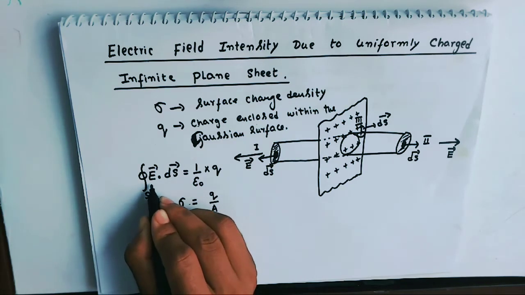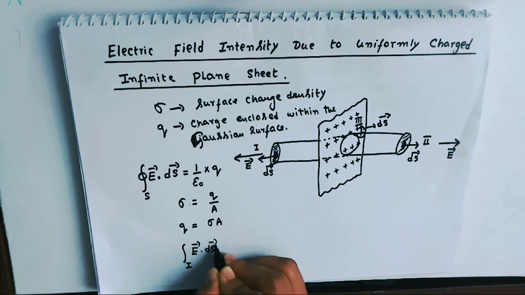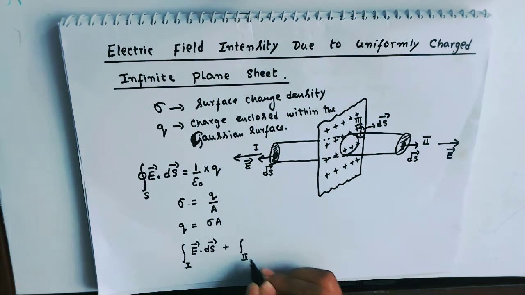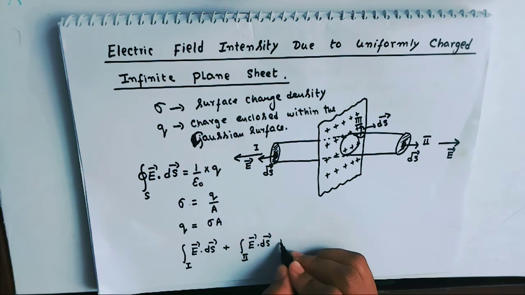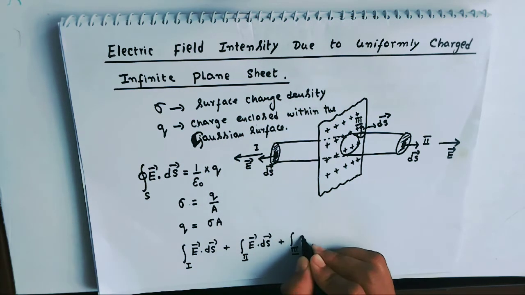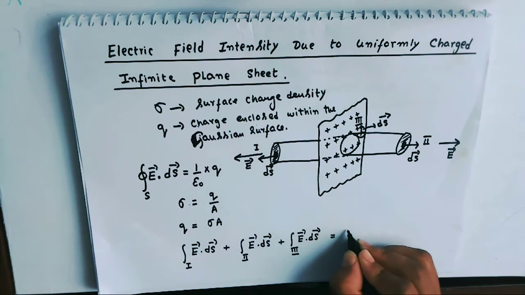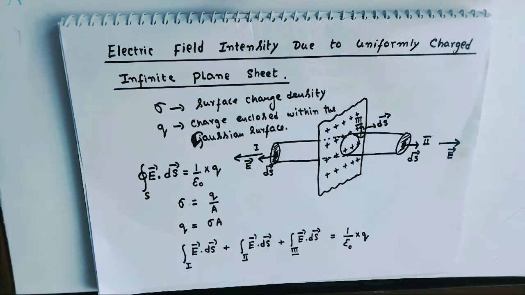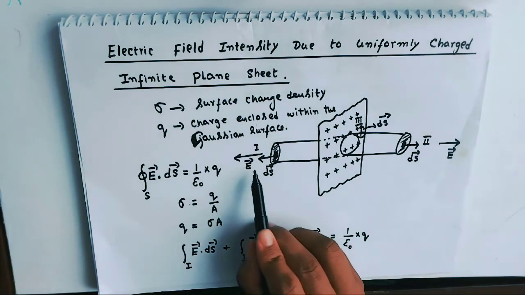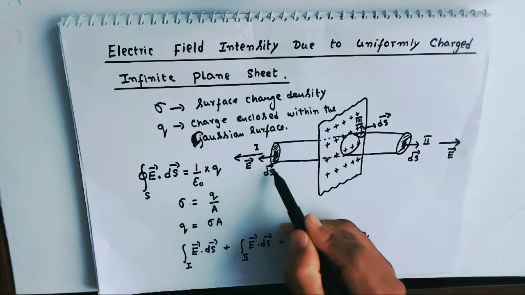Now this integration turns out to be the integration over region 1 of E dot ds plus the integration over region 2 of E dot ds plus the integration over region 3 of E dot ds, and this is equal to 1 by epsilon naught times Q. So clearly from here, the angle between E and ds in region 1 is 0 degree. Both E and ds are in the same direction.